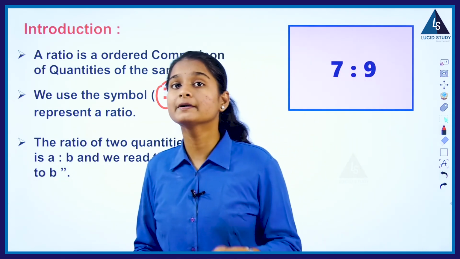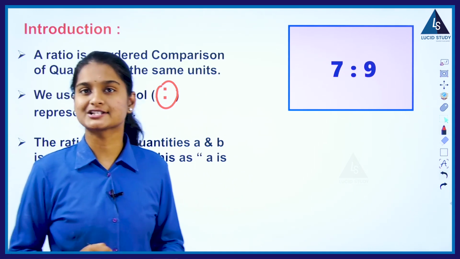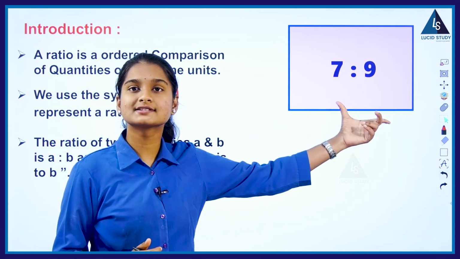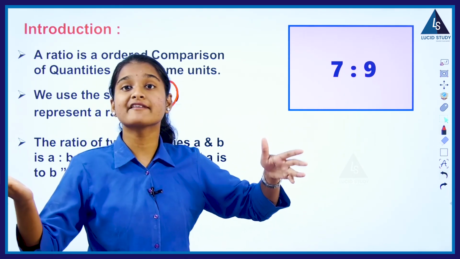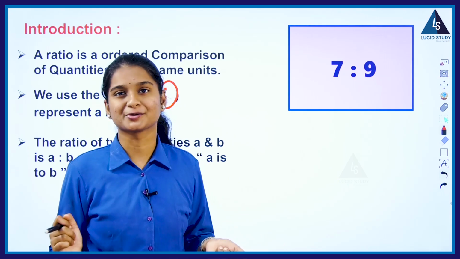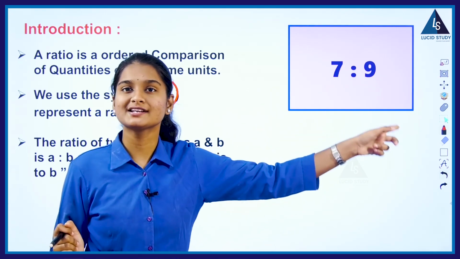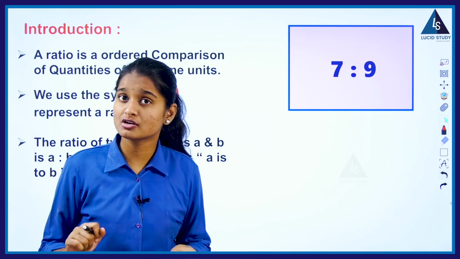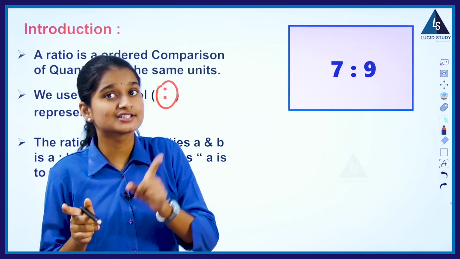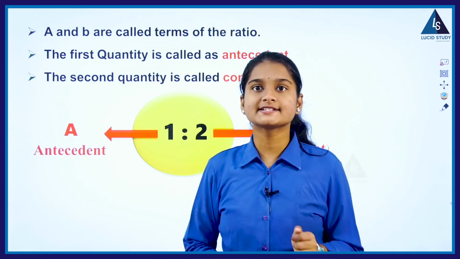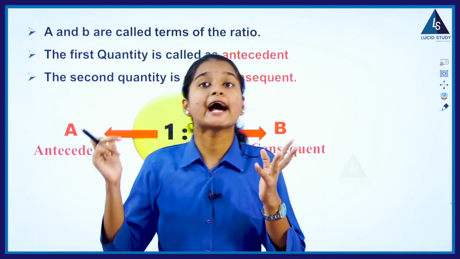So I hope you learnt what is a ratio. Now pronounce this. Here we are comparing 7 and 9 by ratio. So we read it as 7:9. Therefore the ratio is 7:9.